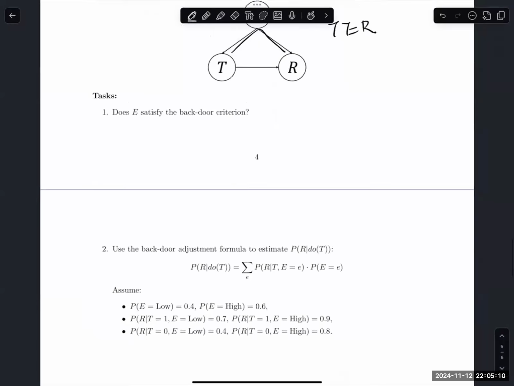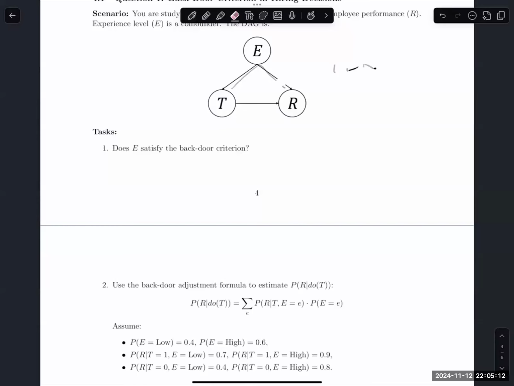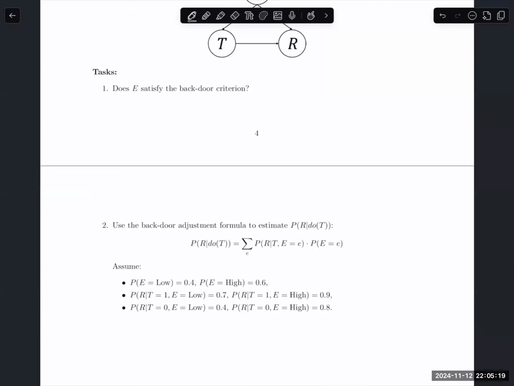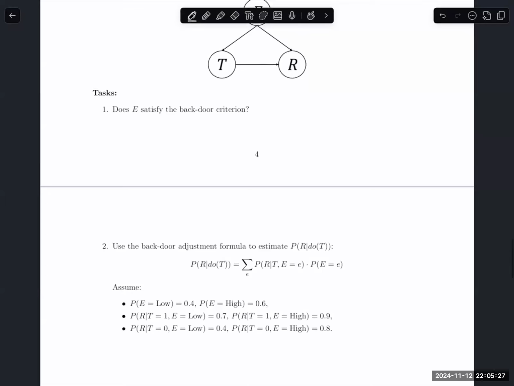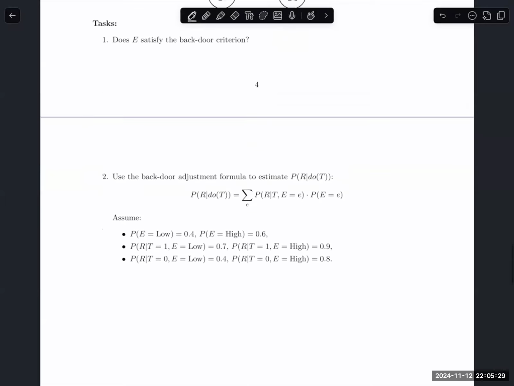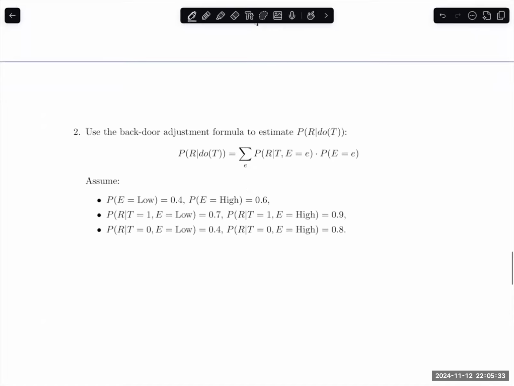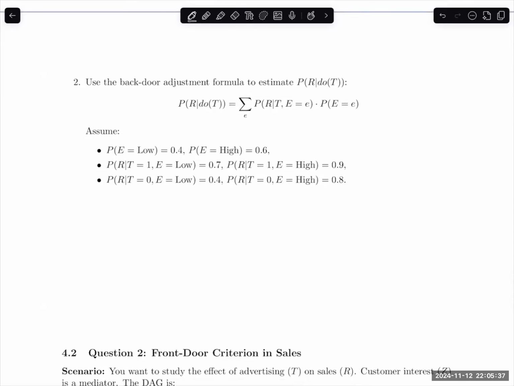For the second task, we are trying to estimate the conditional probability of R by doing the intervention on T. Since the backdoor criterion is satisfied, we can use this adjustment formula for this question.